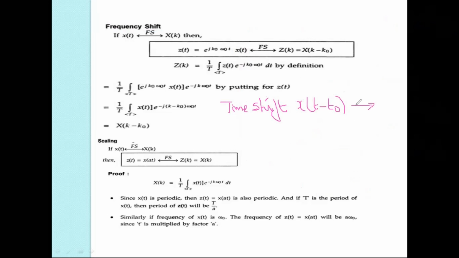What is the Fourier series here? Fourier series is e power minus j k omega naught, and since t naught samples is shifted, t naught into x of k, the coefficient.